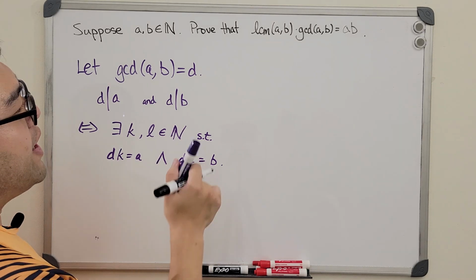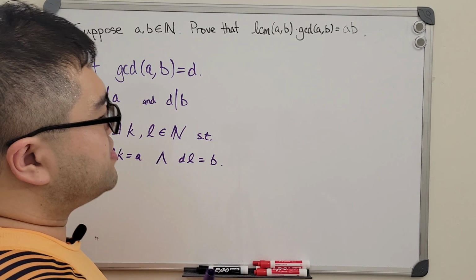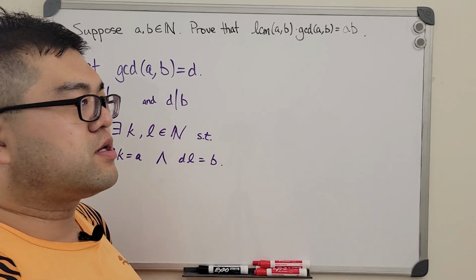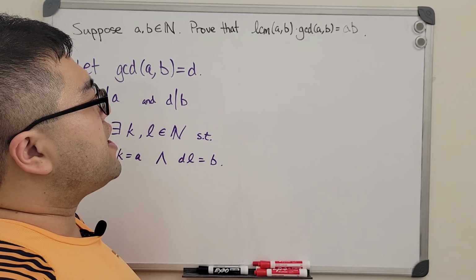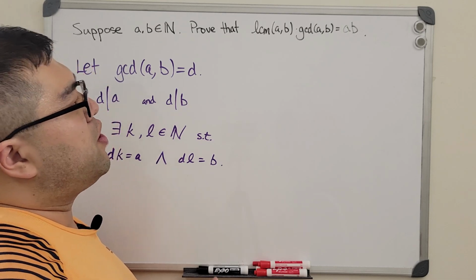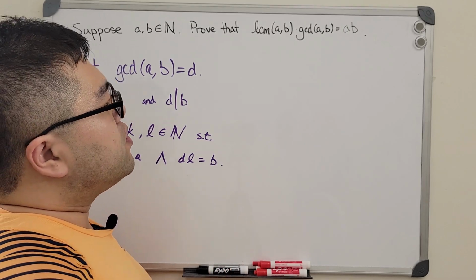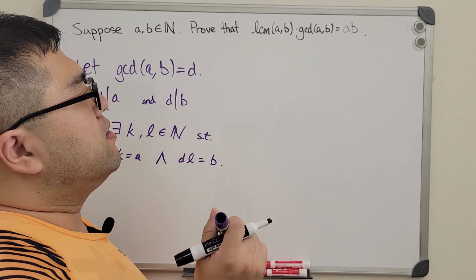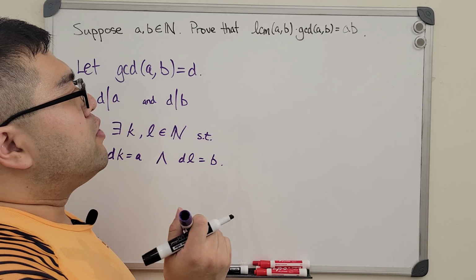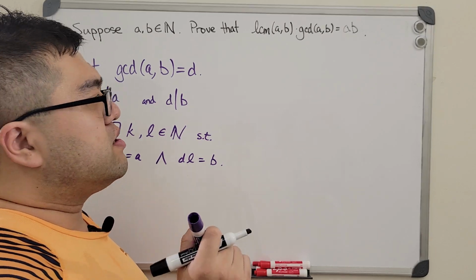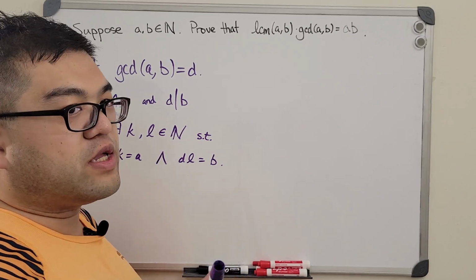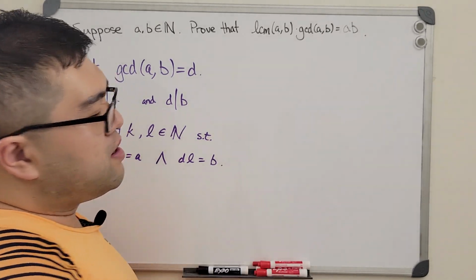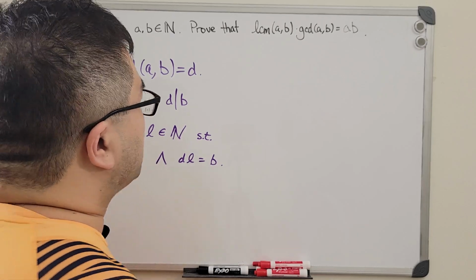Then we're going to look at the definition of what LCM is. LCM, or least common multiple, is the smallest positive integer such that it is a multiple of both A and B. In other words, not only is that number a multiple of both A and B, we cannot find any positive integer smaller than the one that we set that is a multiple of both A and B at the same time.